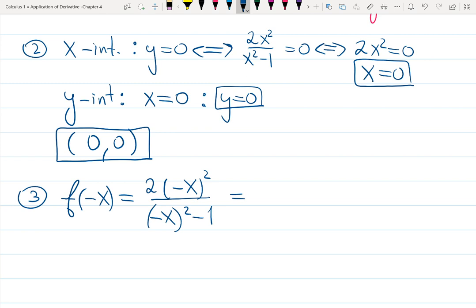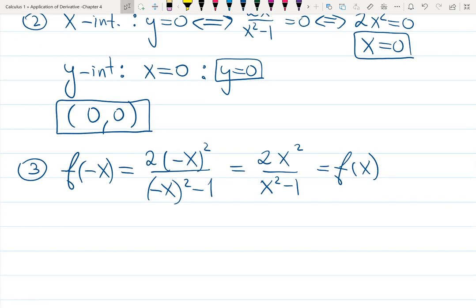Because we have squares everywhere the input happens, the negative sign disappears. The function swallows the negative sign. Then indeed, this is the original function over here. The negative sign did not change anything. Then we have symmetry. So it's symmetric about, well, first let's remember what it means. Which case is that, odd or even?